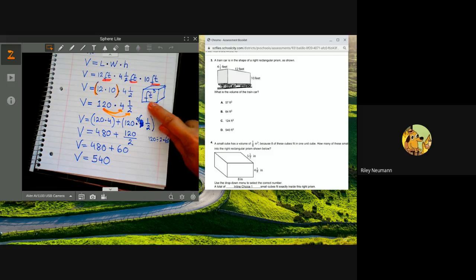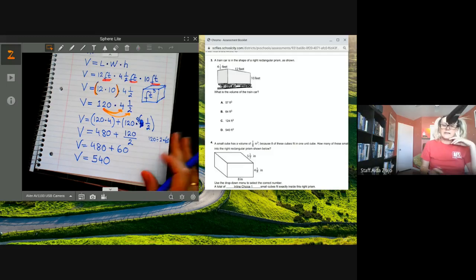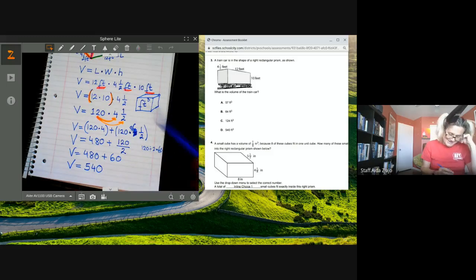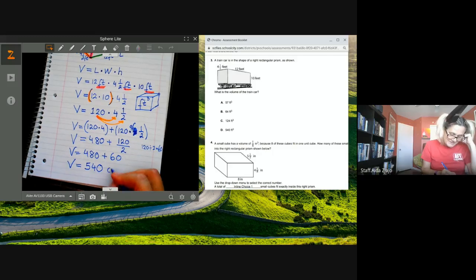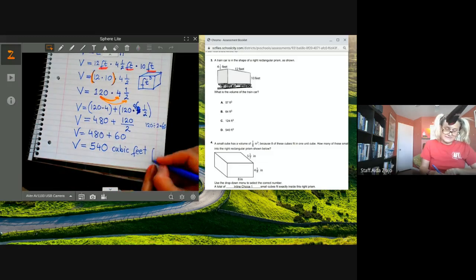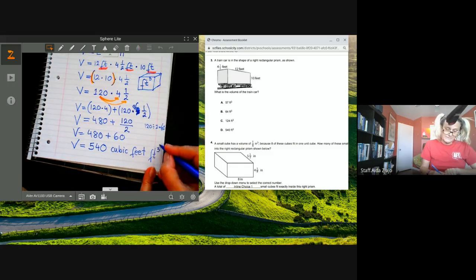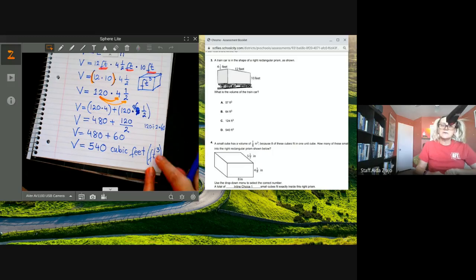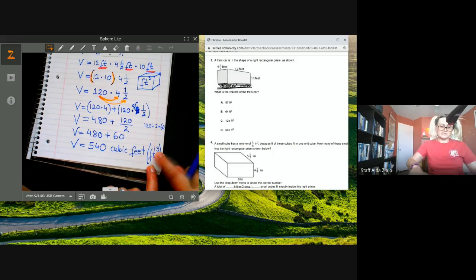square feet? Or cubic feet. Cubic feet. And cubic feet we can write as feet to the power of 3, because a cube has 3 dimensions.